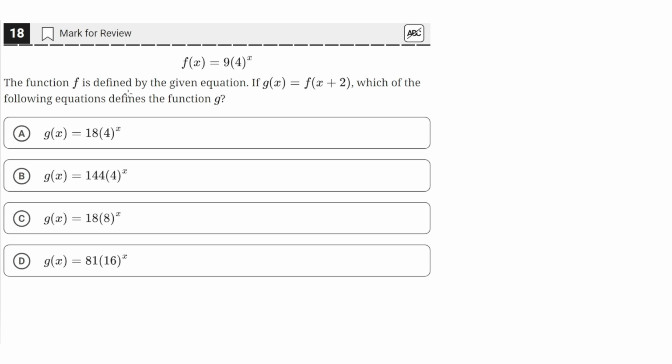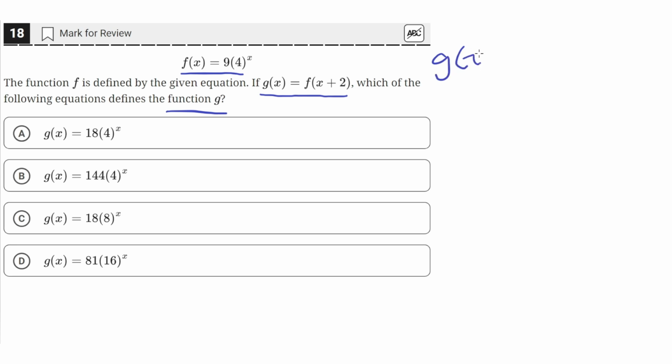The function f is defined by the given equation. If g of x equals f of x plus 2, which of the following equations defines the function g? Okay, so we have this function f of x, and we want to find g of x, which is f of x plus 2. So we can find g of x by just substituting x plus 2 in for x in f of x.